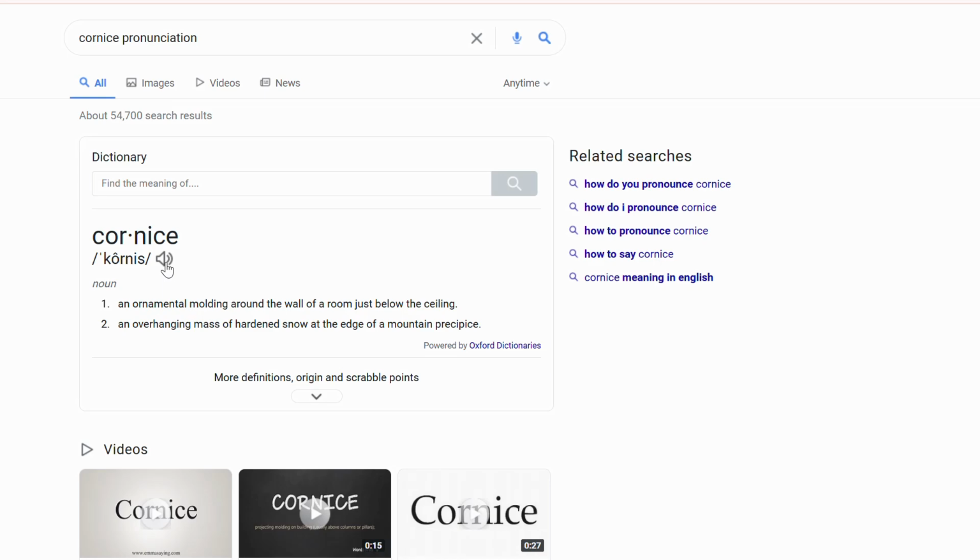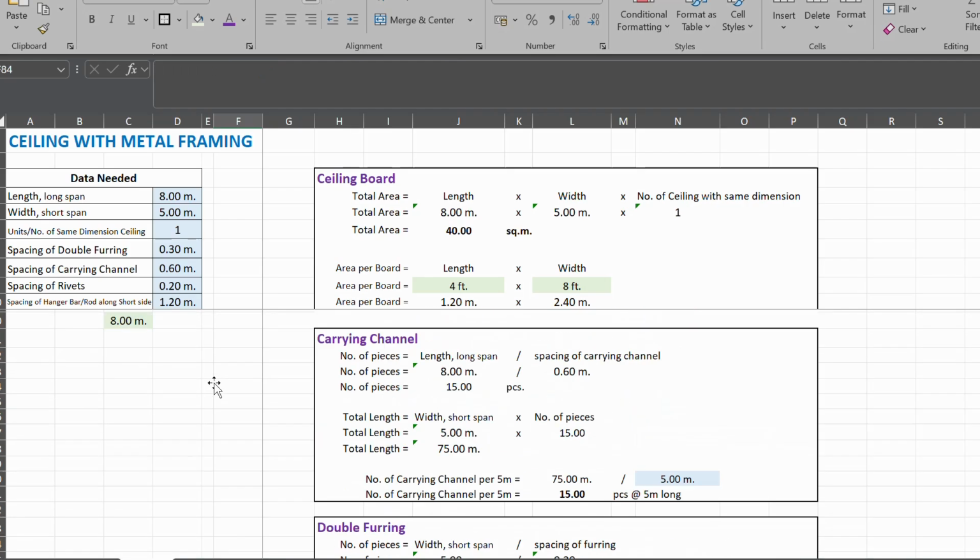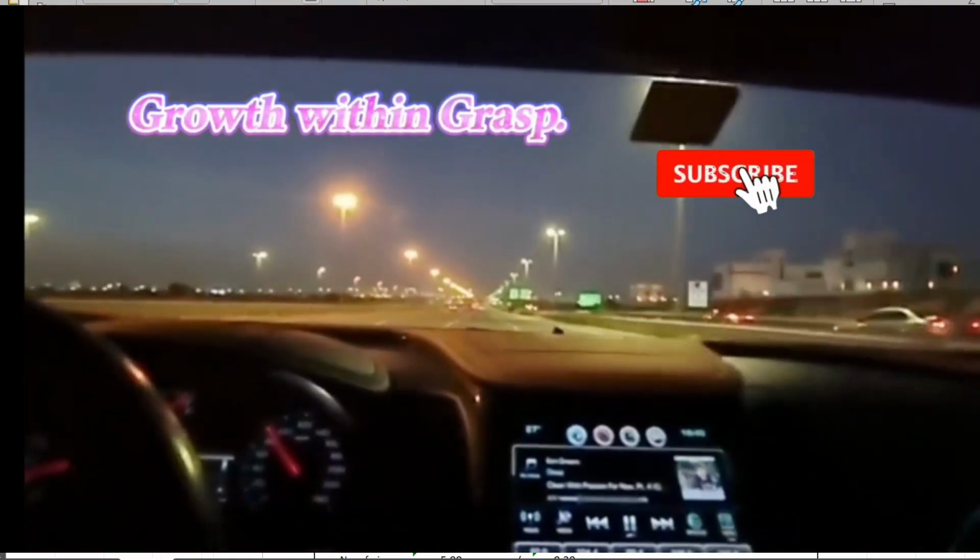Cornice. Okay, cornice. Change nyo lang kung anong available dyan per piece. So yun. That's all. Thank you.